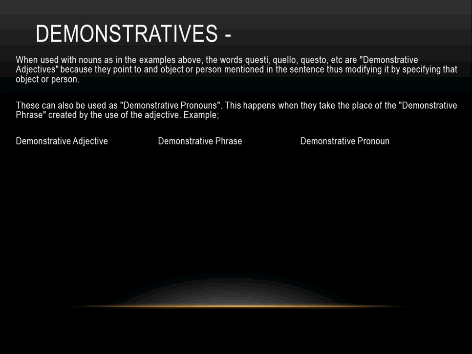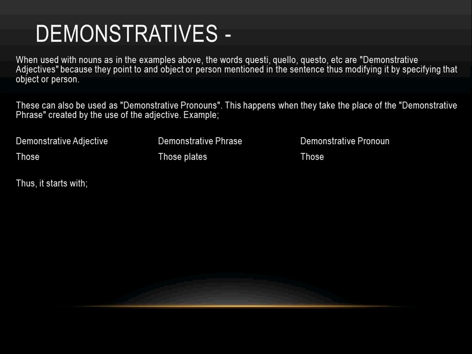Here's the example. The demonstrative adjective here is those. The demonstrative phrase is those plates. Therefore, the demonstrative pronoun is those. It's the same as the adjective, it's just how it's used that's different.